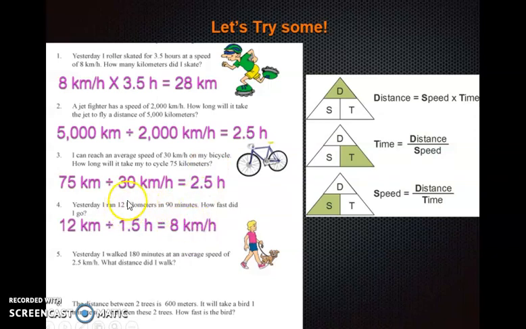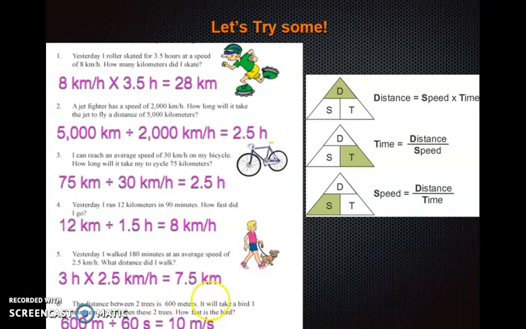Well, I know my distance is right here, kilometers, and we converted this one. In the question I gave you, I converted it already to hours, so you didn't have to do that. 7.5 kilometers. And this last one was a bonus question, and you had to convert the time to seconds in order to get the correct answer, which was 10 meters per second.